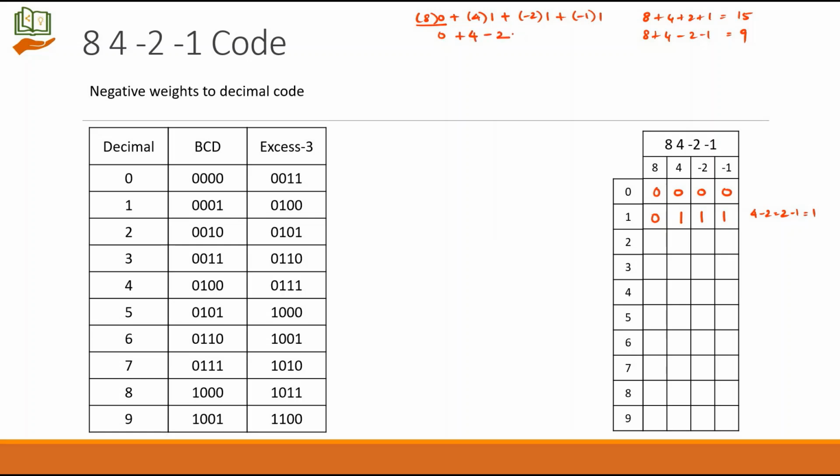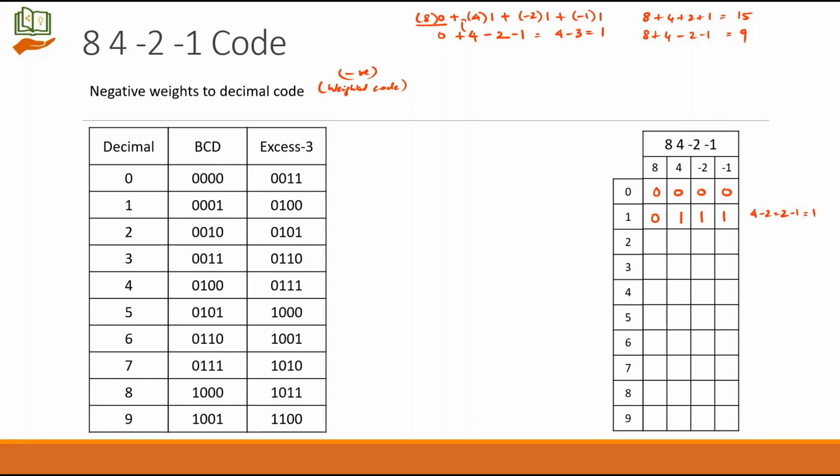Minus 1 into 1 is minus 1. This will give 4 minus 3, which is equal to 1. Did I get 1 here? How did I get this? By multiplying it with the weights. So this is also a weighted code, but this code assigns negative values. Whenever we multiply the ones position with a particular weight, it comes under weighted code.